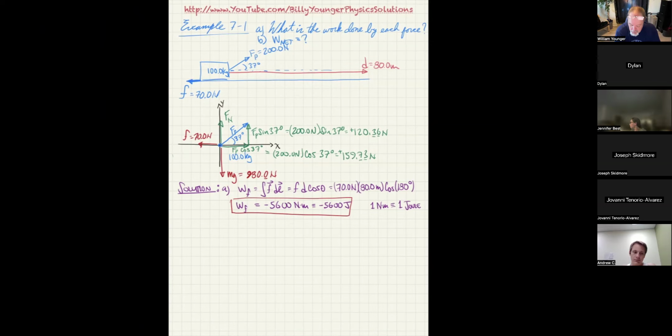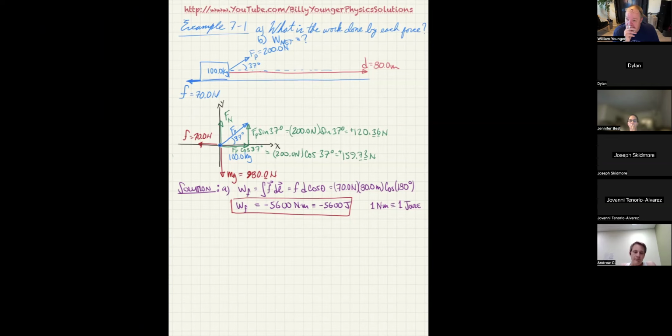It's because the component is in the same direction or the opposite direction. That's why you're using the cosine. If you wanted, for instance, the work done by the normal force Fn, that's going to be the cosine of 90 degrees, which gives you 0. Does that help you make more sense of it now?